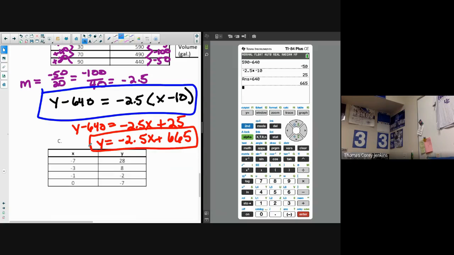Point slope seems like a weird thing that we would never need, but it is nice to be able to come up with a slope-intercept equation.